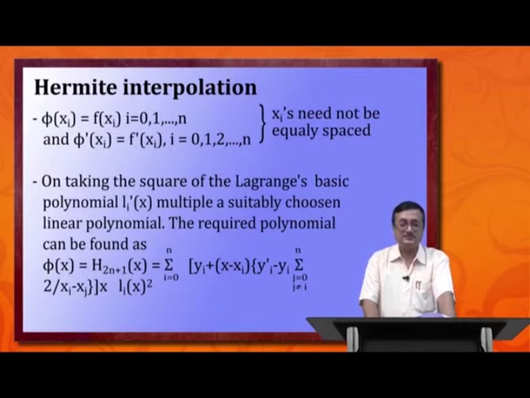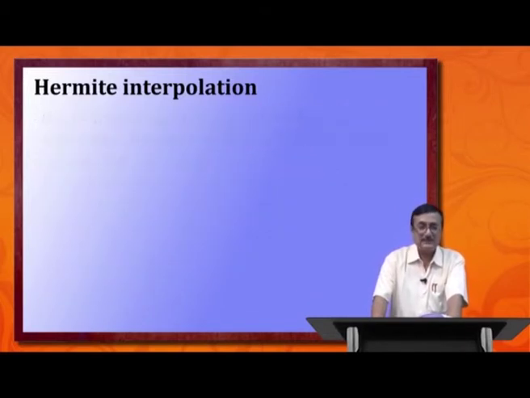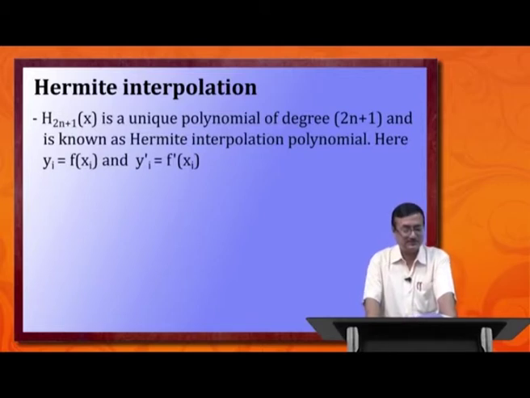This is a 2n+1 degree polynomial which satisfies the conditions phi(xi) = f(xi) and phi'(xi) = f'(xi), and Li(x) is given by the formula. Here h_{2n+1} is a unique interpolation polynomial and is known as the Hermite interpolation polynomial.